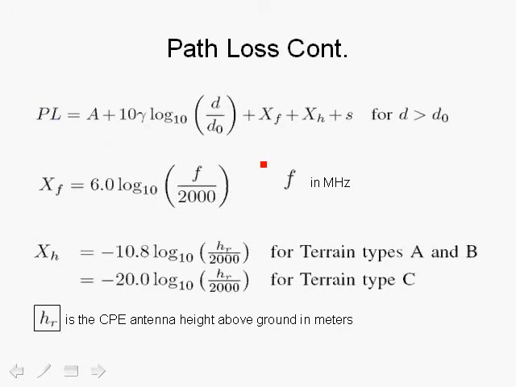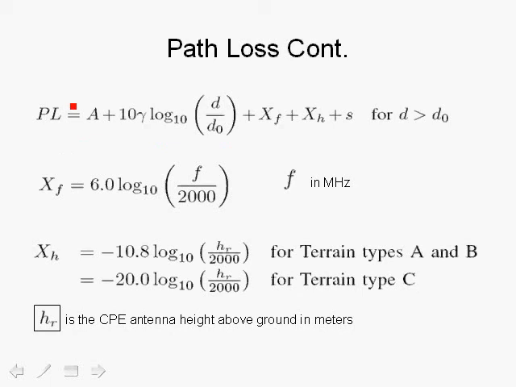So this expression encapsulates many of the issues involved with the path loss and dependency on various parameters, including the distance of the CPE to the base station, the height of the base station antenna, the height of the CPE or subscriber station antenna, and also effects of the terrain and the various types of terrain, for example, type A, type B, type C. Also included is the dependency on the frequency.